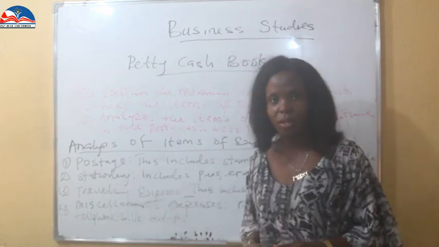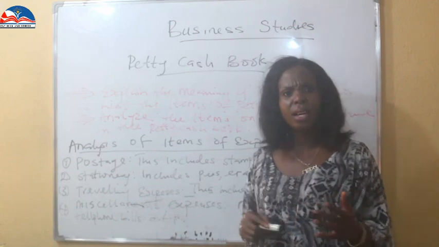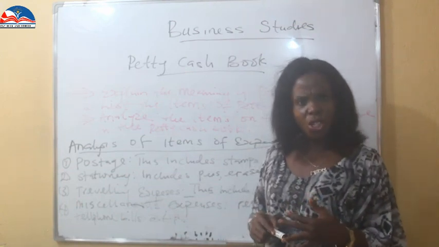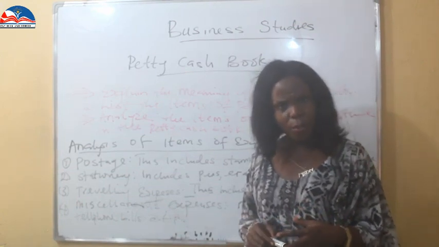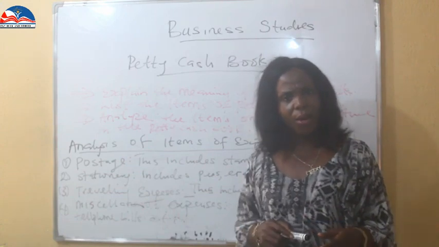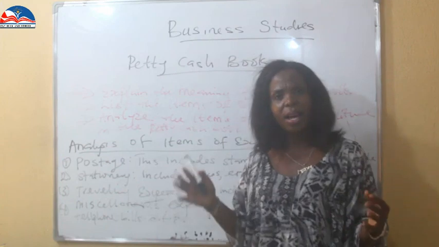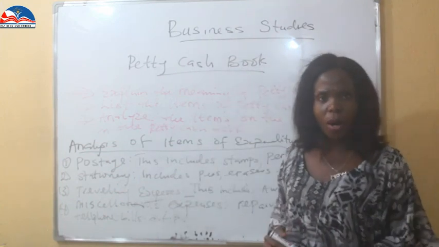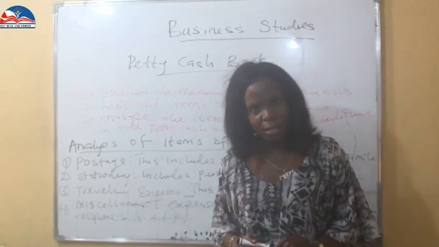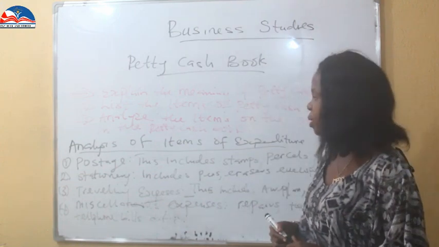Then we have stationery: books, plain sheets of paper, cardboard paper, pen, eraser, marker, anything that has to do with paperwork. Expenses incurred in that area are found under stationery.